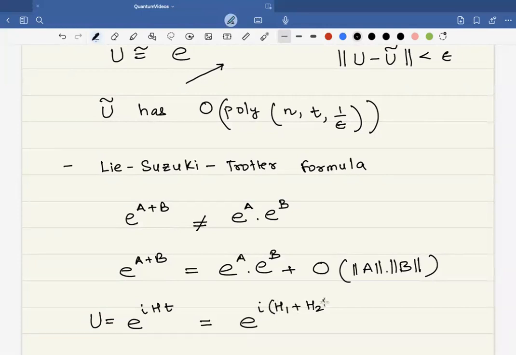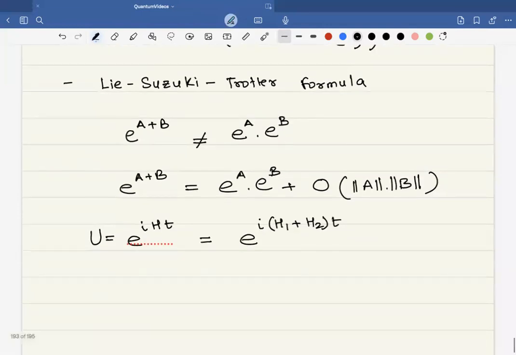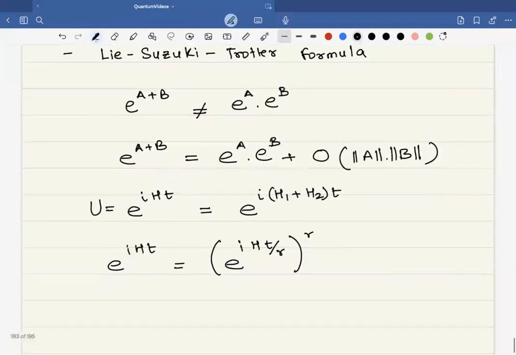So H1 plus H2, right. So how do we simulate this? Well, we can write e to the i H t as e to the i H t over r, raised to the power r, where r is to be determined. Okay, so we have divided this evolution into small little time steps.